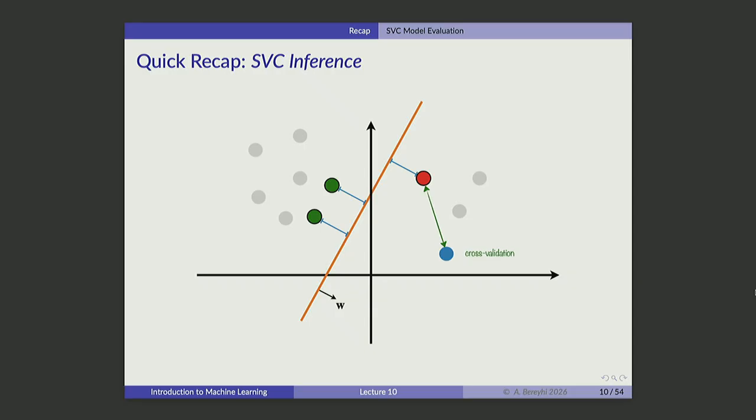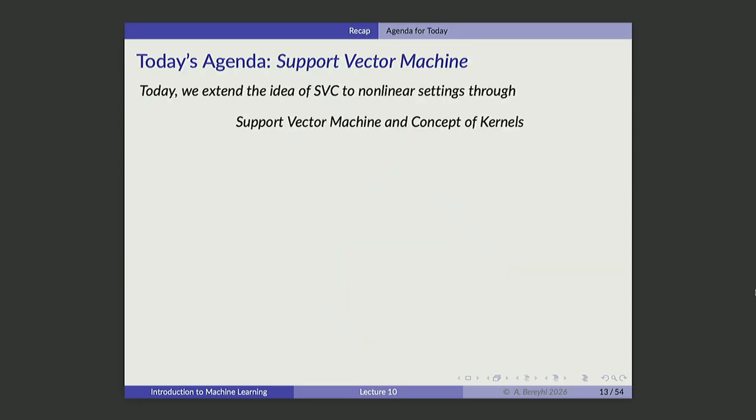That's cool, yes? Okay, now, we talked about this. The thing that we want to do today is to take this idea and extend it to a nonlinear case. And through that, we're going to learn what a support vector machine is, which is a general case of this one.